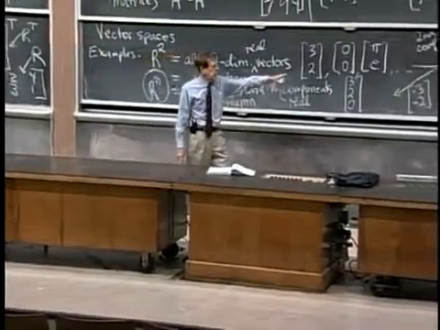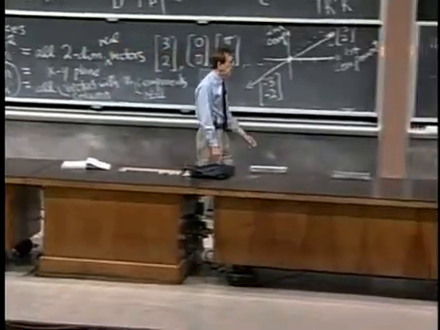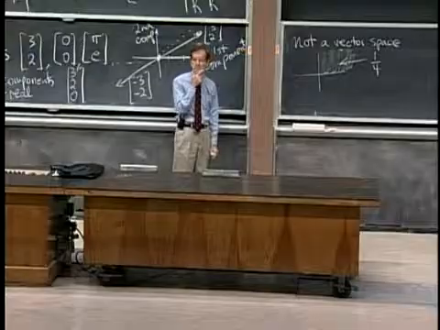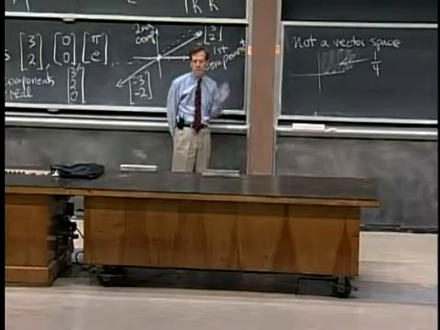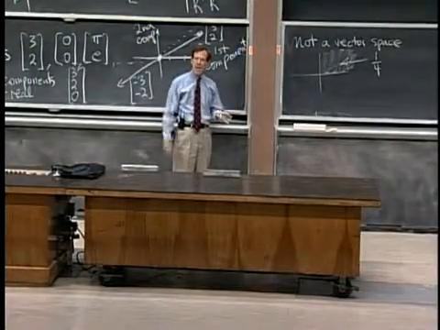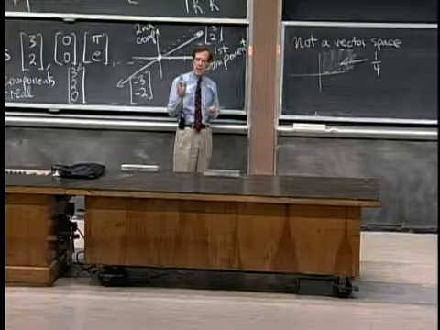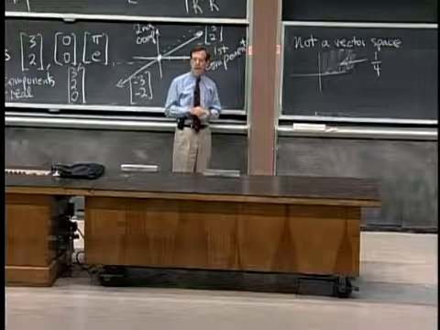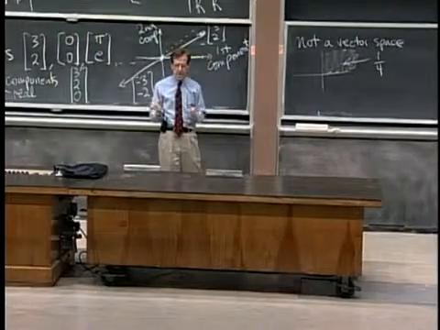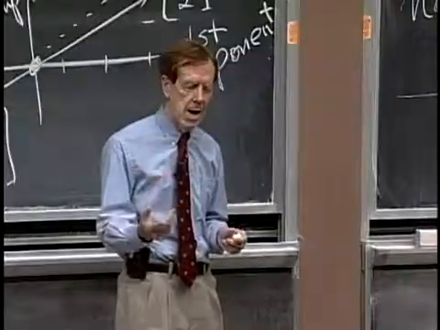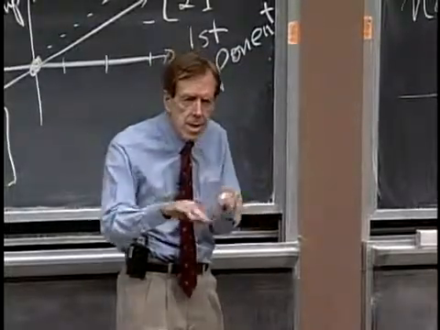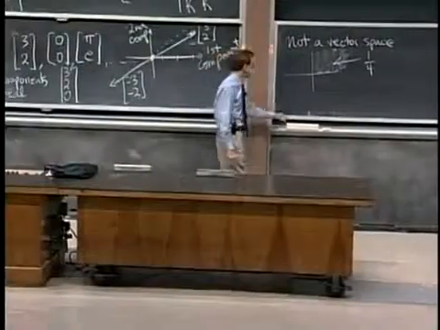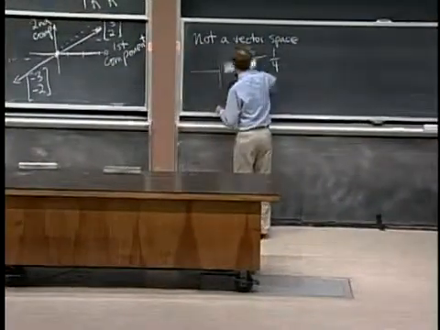There we started with R2 and took part of it and messed it up. What we got was not a vector space. Now tell me a vector space that is part of R2 and is still safe: we can multiply, we can add, and we stay in this smaller vector space. It's going to be called a subspace. So I'm going to change this bad example to a good one.